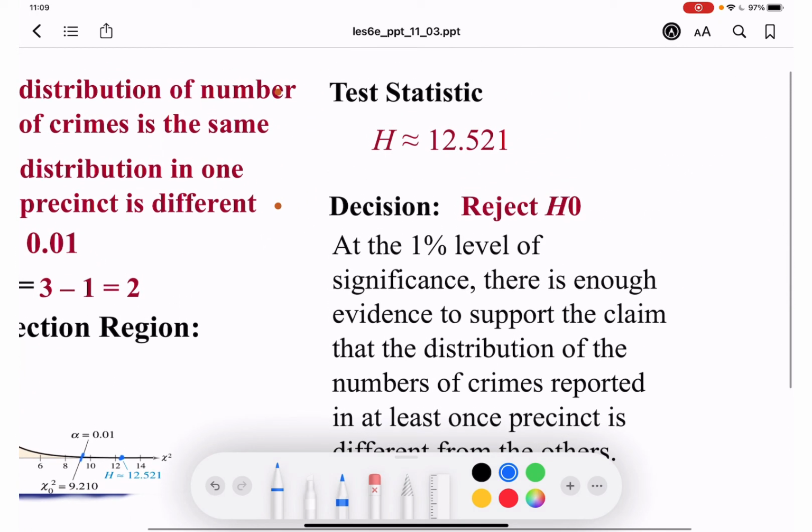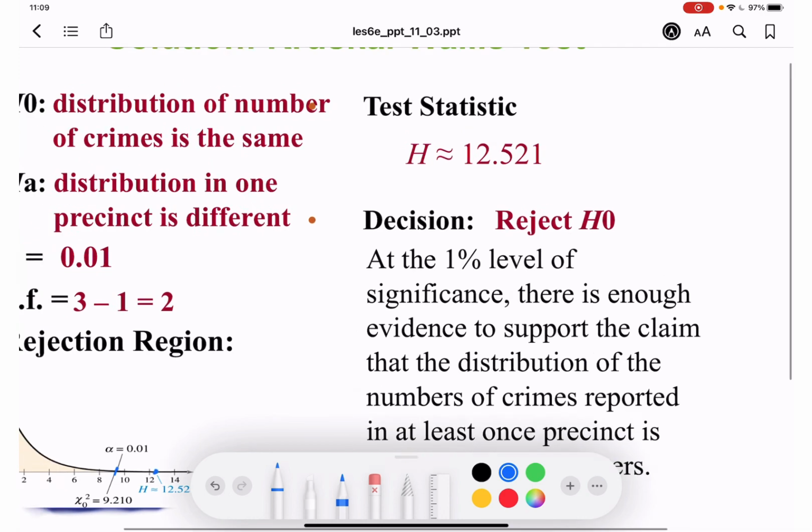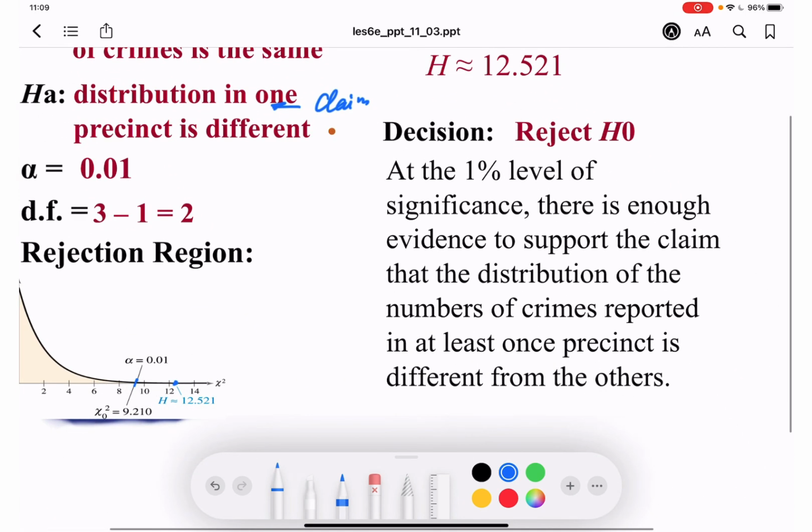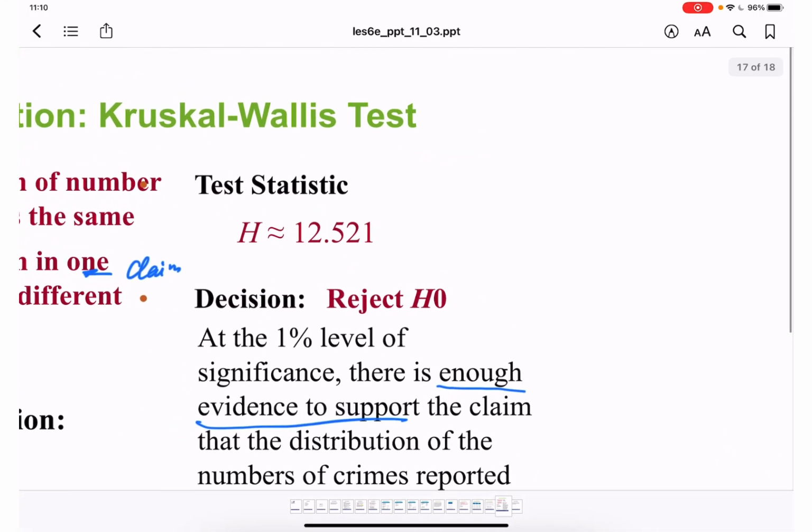Since we reject the null hypothesis, and our claim is the alternative hypothesis, we say that with a 1% level of significance, there is enough evidence to support the claim that the distribution of the number of crimes reported in at least one precinct is different from the others.